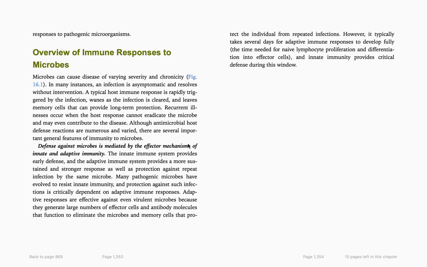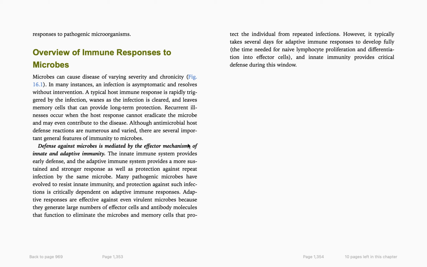Many pathogenic microbes have evolved to resist innate immunity, and protection against such infection is critically dependent on adaptive immune response. Adaptive immune responses are effective even against virulent microbes, because they generate large numbers of effector cells and antibody molecules that function to eliminate the microbes, and memory cells that protect the individual from repeated infection.